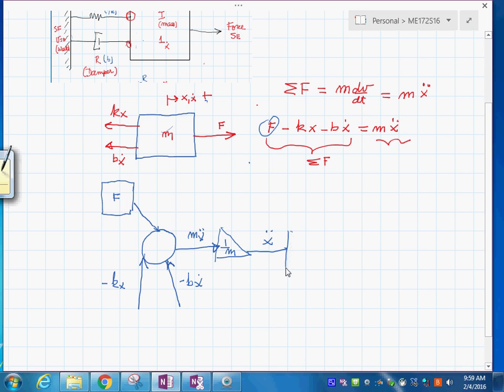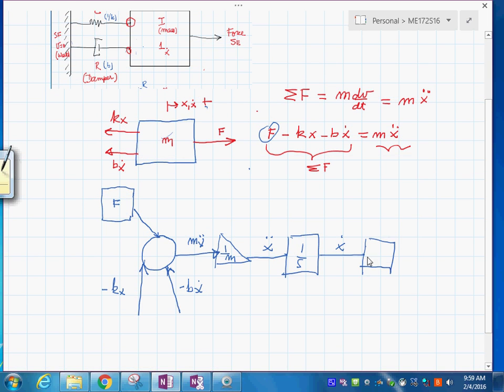If you integrate this by 1 over s, you have x dot. To obtain plain x, you have to integrate it again, by 1 over s, and then you have x.